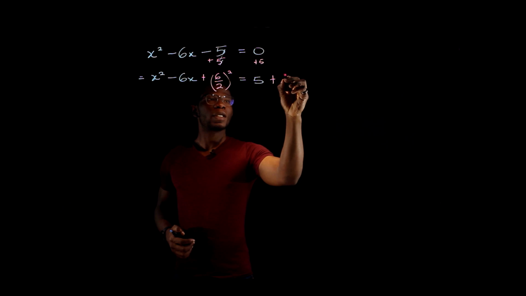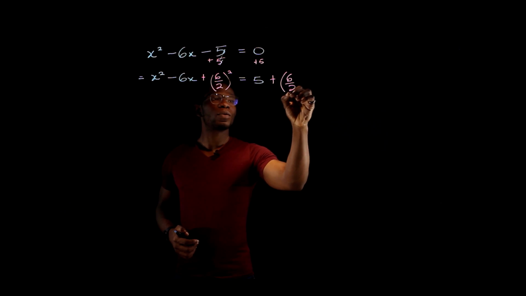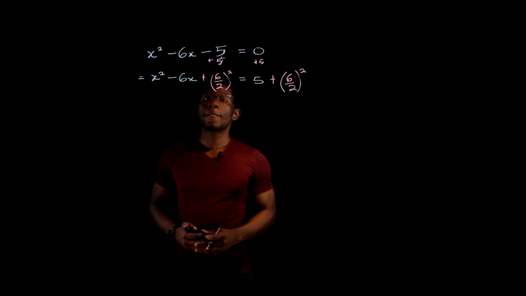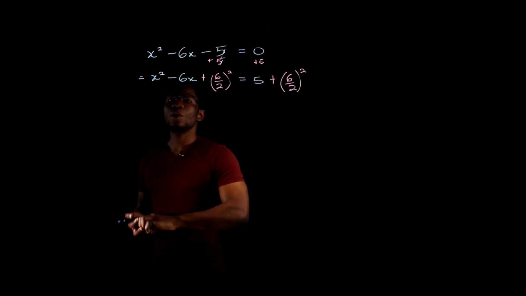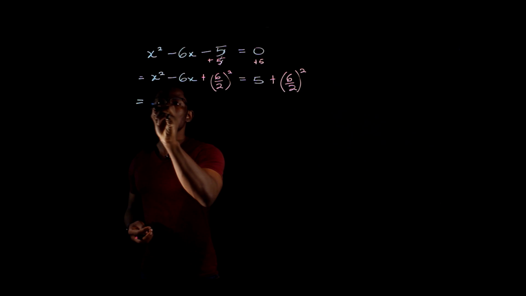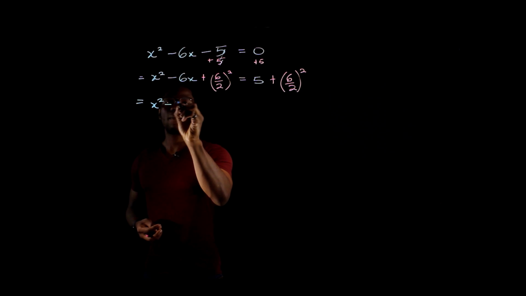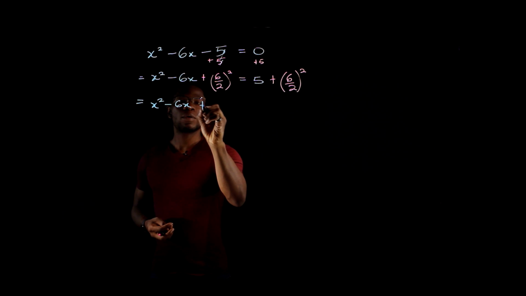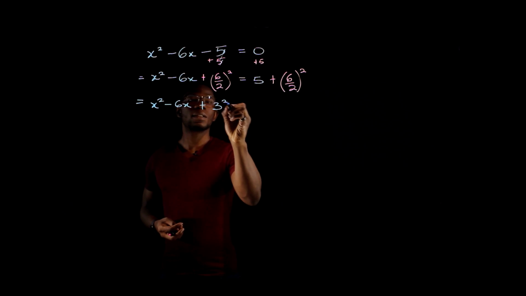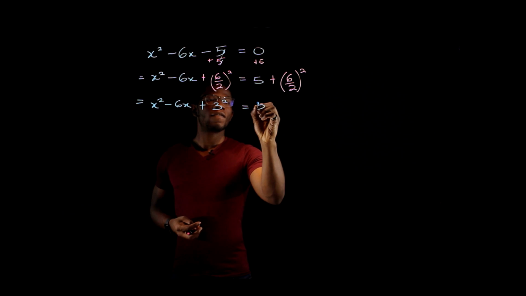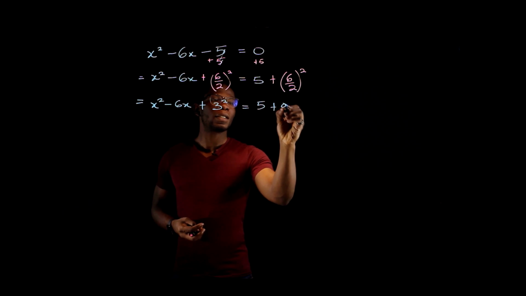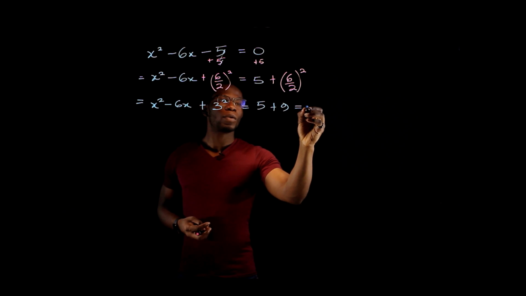We add that to both sides of the equation. So we have our equation to now be equal to x squared minus 6x plus 3 squared equals 5 plus 9. And this is going to be equal to 14.